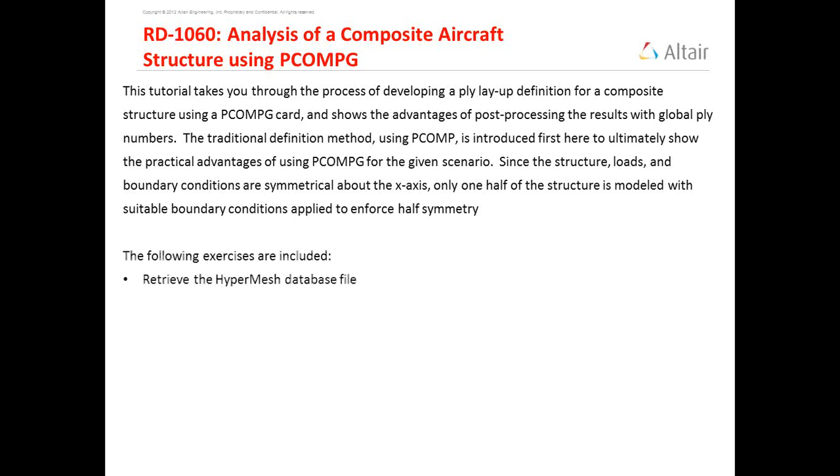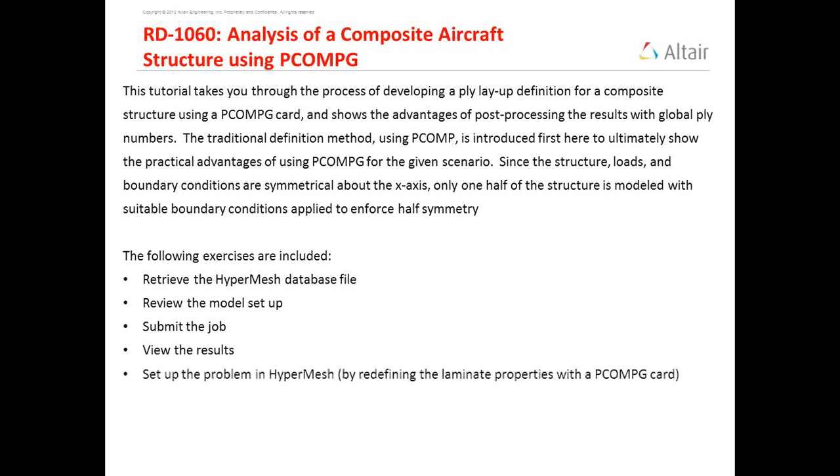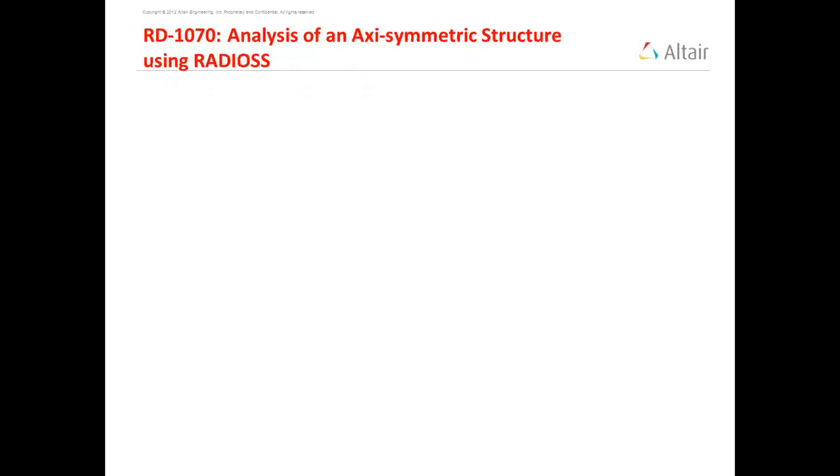In this exercise, you will see how to retrieve the HyperMesh database file, retrieve the model setup, submit the job, view the results, set up the problem in HyperMesh by redefining the laminate properties with the PCOM-G card, and again submit the job, view the results.